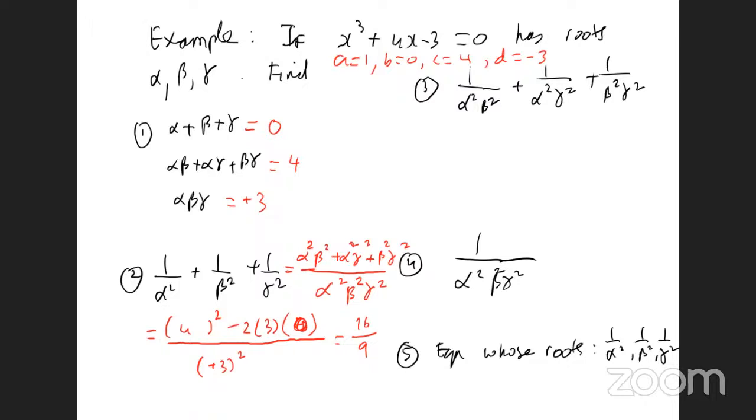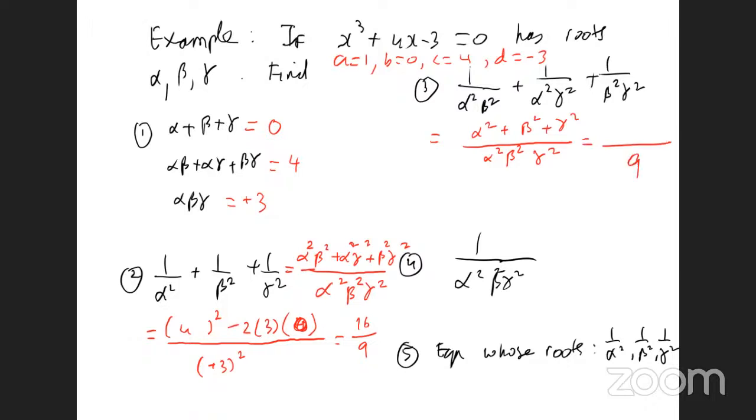Anybody got 16 on 9? Next one is alpha squared plus beta squared plus gamma squared, and the numerator is alpha squared plus beta squared plus gamma squared.